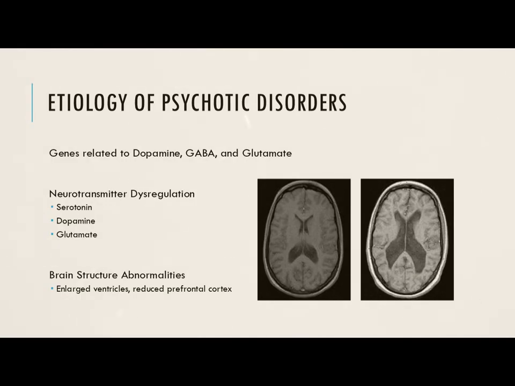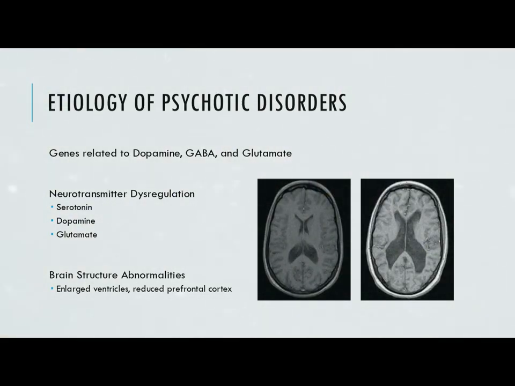These are all common in people with schizophrenia and other psychotic disorders. These structural changes are thought to contribute to some of the cognitive and perceptual distortions that we see in psychosis.